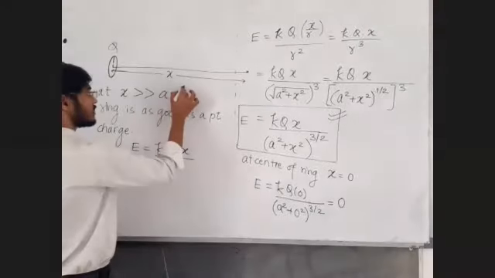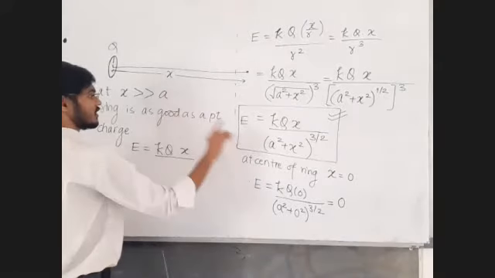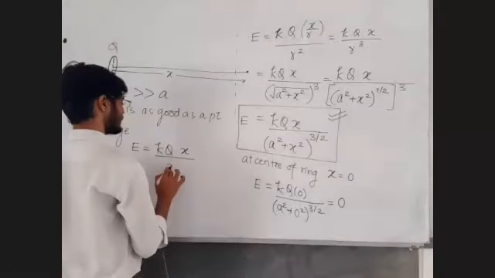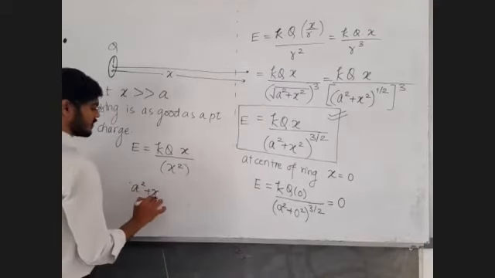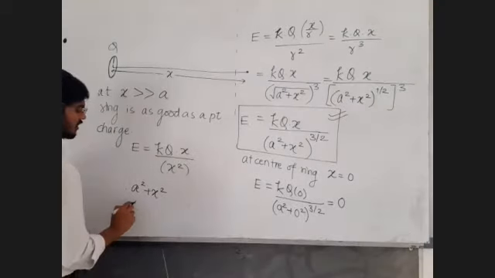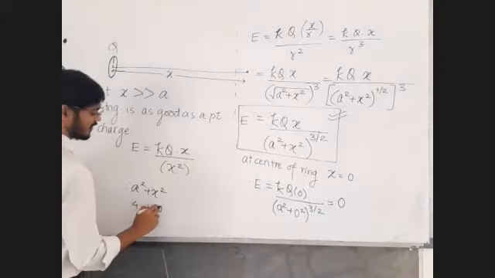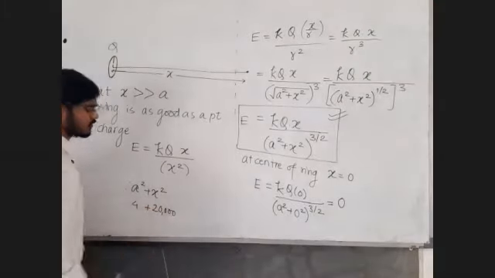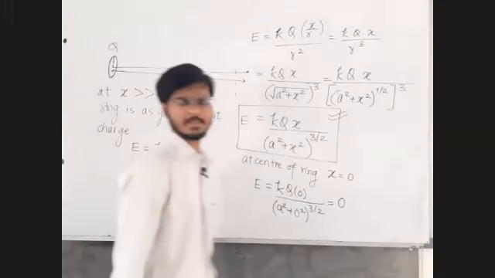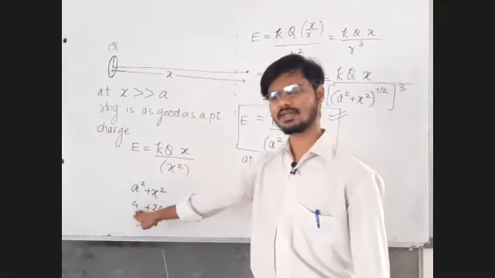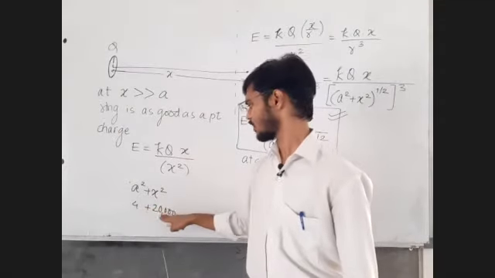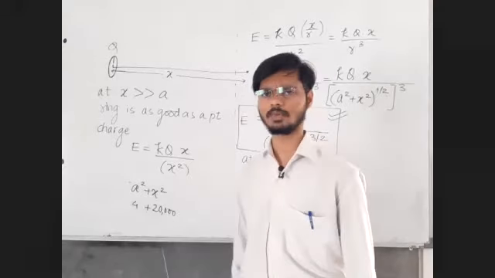So can I say a square plus x square is approximately x square only? Because 4 plus 20,000 is approximately 20,000. Very large value is here, very small value is here. So just neglect that small value. The large value itself is going to be the answer.